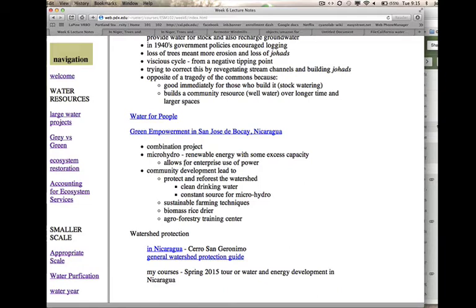They put in a little electrical generation facility. They use that to create jobs, and then they also used it to fund the protecting that watershed. So they had the watershed for water and energy uses, and by funding that, it became a sustainable resource.